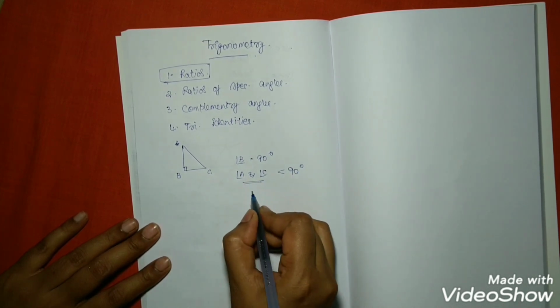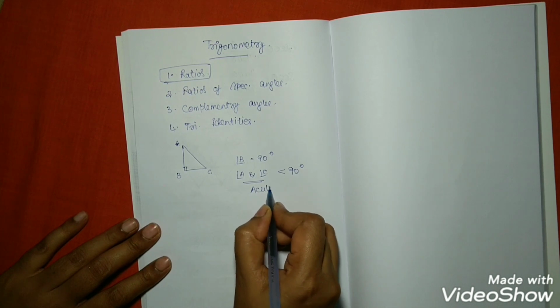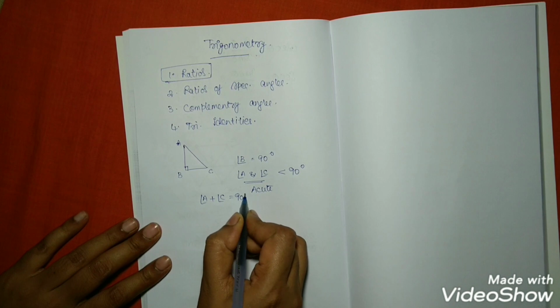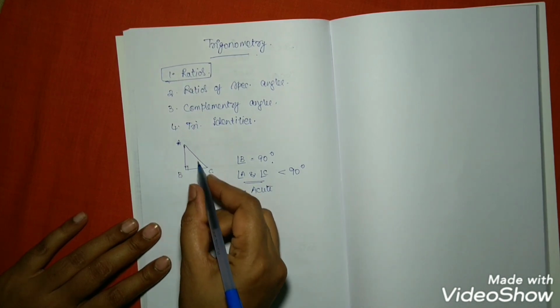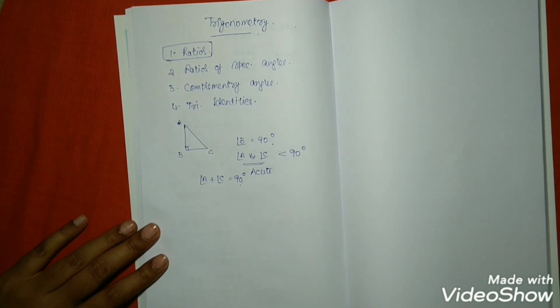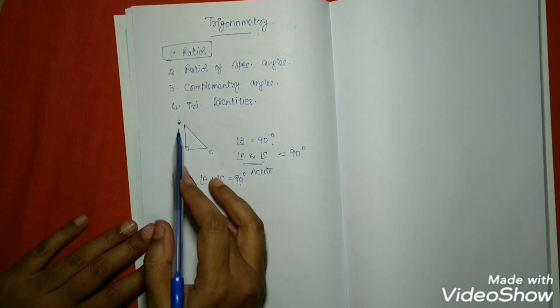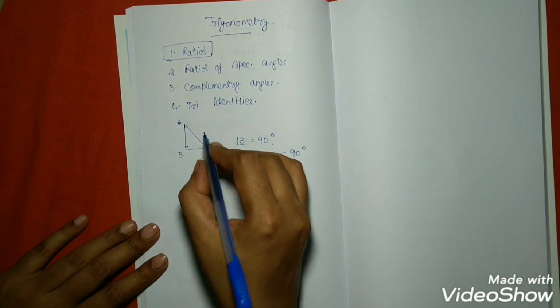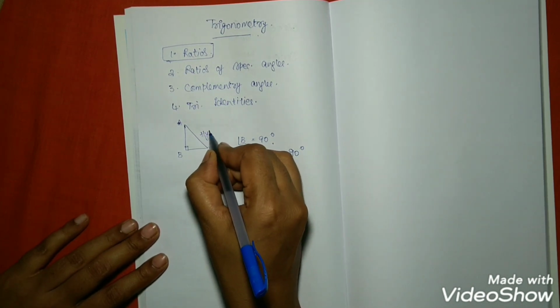That is, we call them acute angles, and the sum of angles A and C should be equal to 90 degree, to make the sum of the angles in the triangle 180 degree. So there are 3 sides here, AB, BC and AC. The side that is opposite to 90 degrees, we call it hypotenuse.